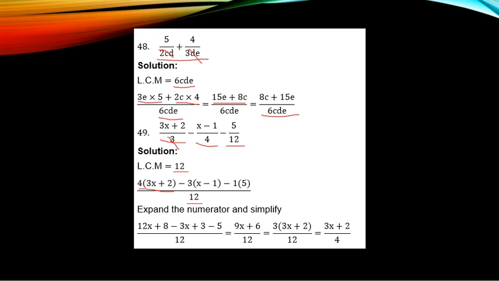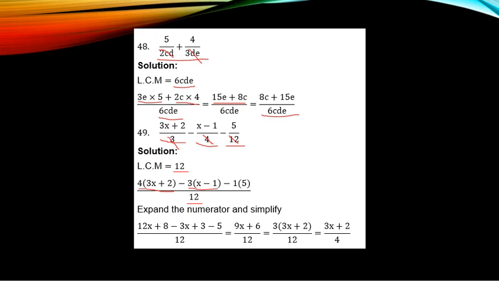You divide the LCM by the denominator 4, you are left with 3 that will multiply s minus 1. You divide 12 by 12, you have 1 that will multiply 5. So you expand the numerator and simplify.